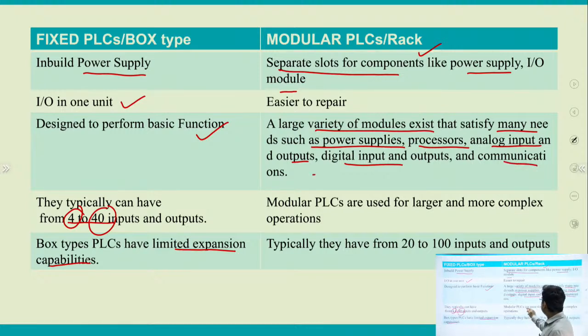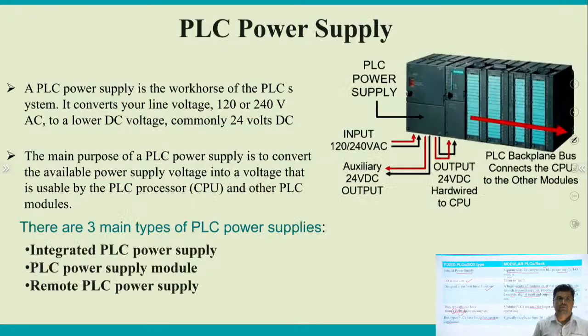A modular PLC is used for large and more complex operations, where inputs can increase from 20 to 100, and the latest PLCs like the S1500 have more than 200 inputs and outputs.